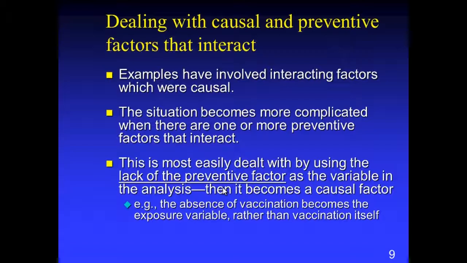So that then becomes a risk factor or causal factor. And so then you can do these diagrams and carry out these analyses of effect modification a lot more easily. So that would be my advice. Use the lack of the preventive factor, and an example of that would be the absence of vaccination rather than vaccination itself.